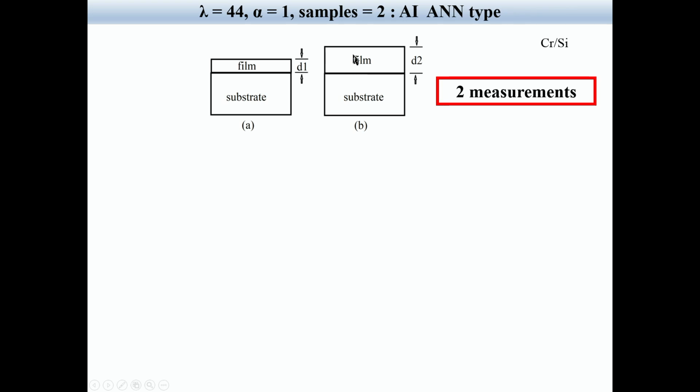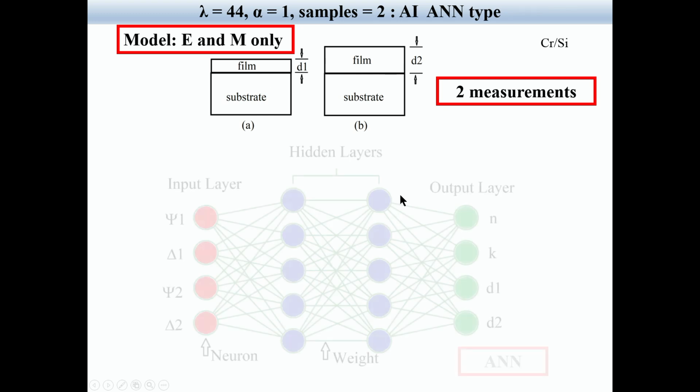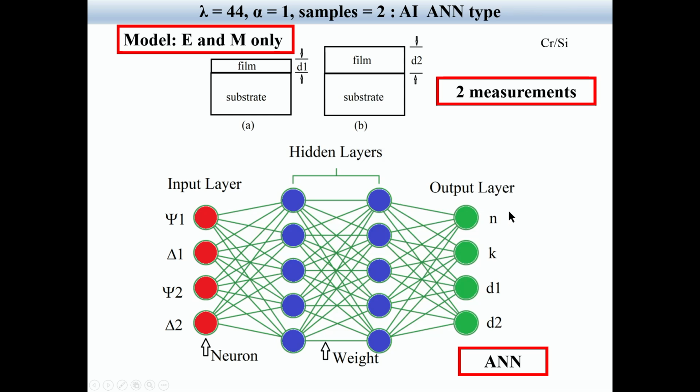If it hasn't changed, then we have four unknowns, N1, K1, and D1, D2, and we have four measurements, psi1, delta 1, psi2, delta 2. And we don't have to do any modeling across wavelength. We just work at one wavelength. Good. We have to work at two thicknesses, though.